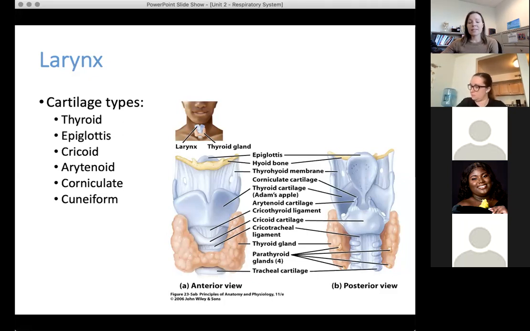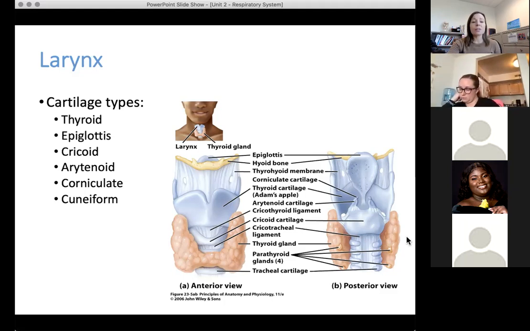The second function is that it channels, or sends, food and air into the proper tubes. And the third thing is voice production. The larynx is also known as the voice box because this is where voice production occurs.